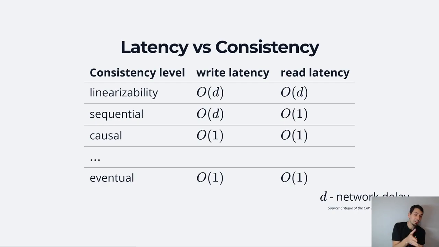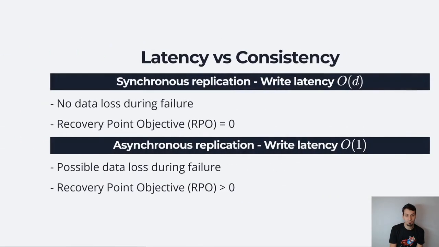To explain the details of each consistency level would take another talk or two, probably, or even a series of talks. But let's try to find practical implications of that table.